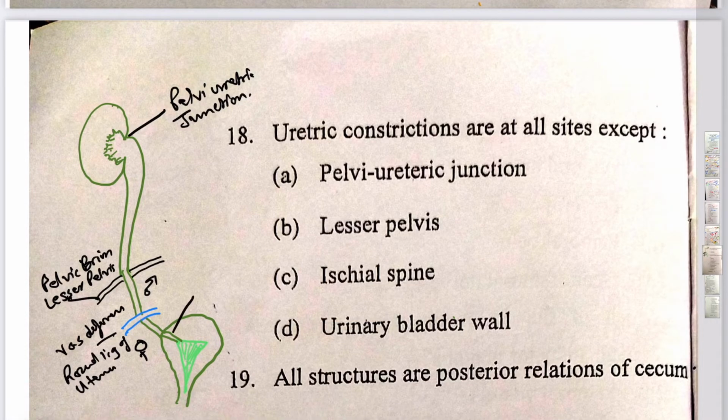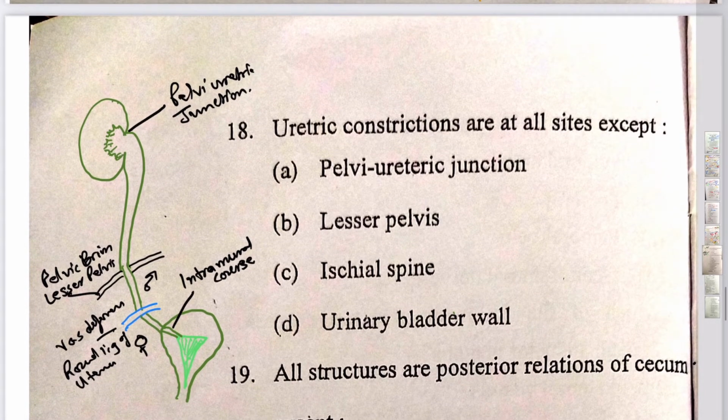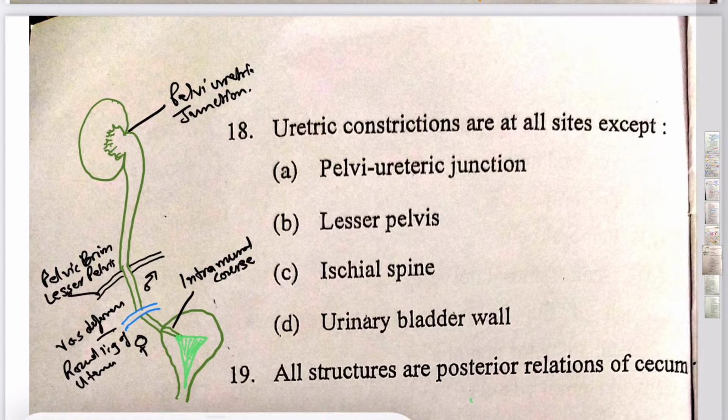Then this course is the intramural course, the oblique course in the musculature of the urinary bladder. Then finally, at this terminal point, you find an ostia, an opening. This is called the ureteric opening. So at this point also there will be constriction.